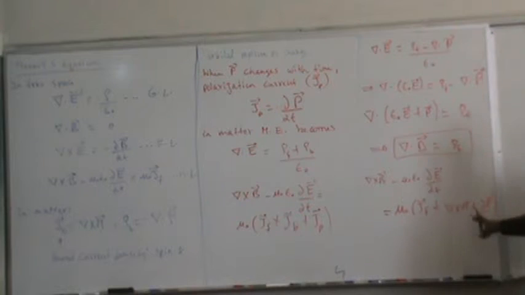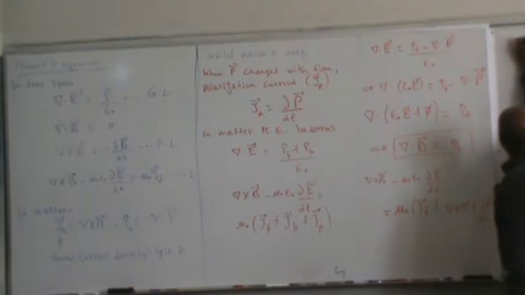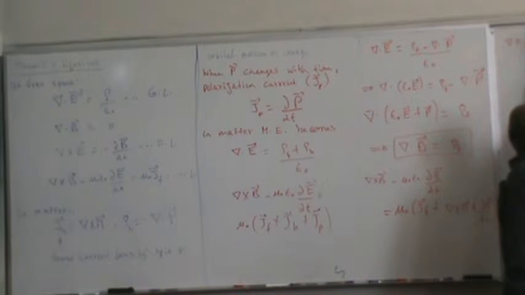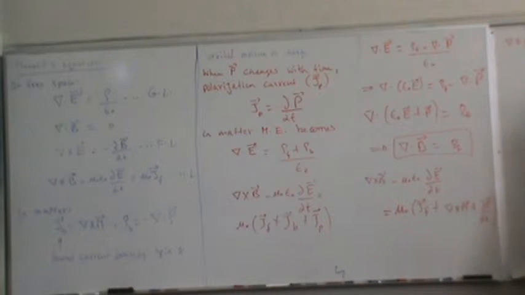So if you divide both terms by mu naught, you would have the curl of B over mu naught minus epsilon naught dE by dt equals J free plus the curl of M plus dP by dt.